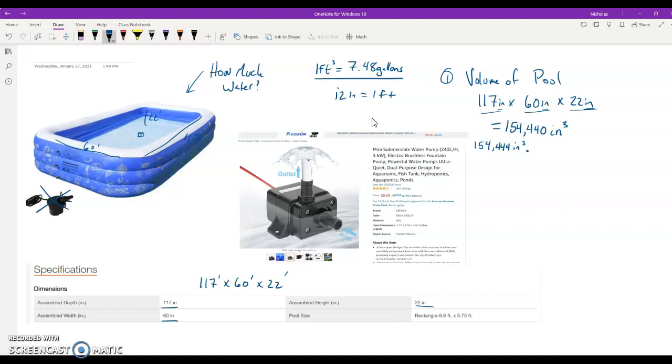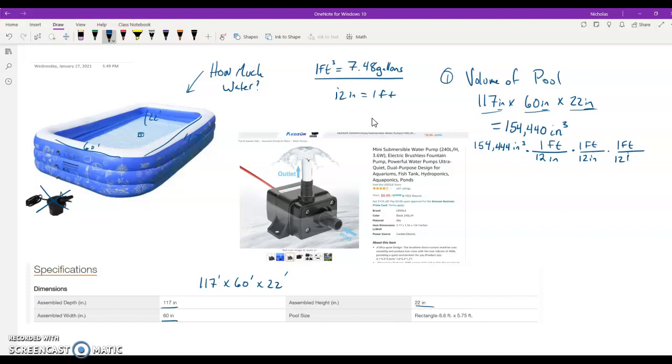So I'm going to set up my conversion factor, and I'm going to say there are 12 inches in 1 foot. And again, we put inches on the bottom and feet on top. But if I cancel this, I'm only able to cancel one of these. So I actually need to represent this conversion factor 3 times, because I need to get all the way to feet cubed.